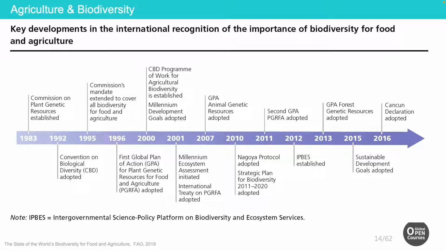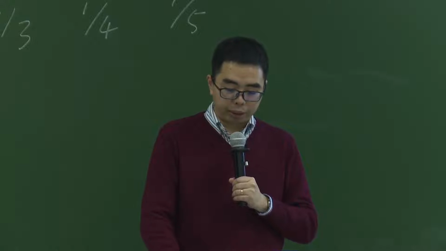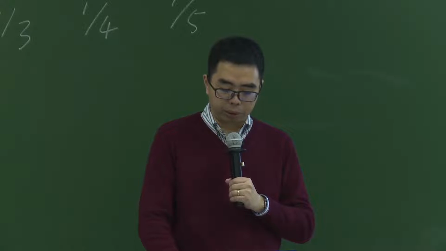The IPBES is an intergovernmental organization established to improve the interface between science and policy on issues of biodiversity and ecosystem services. With all those efforts, currently, most countries commit themselves to working to mainstream biodiversity, bearing in mind that agriculture and other land use activities heavily depend on biodiversity and its components.